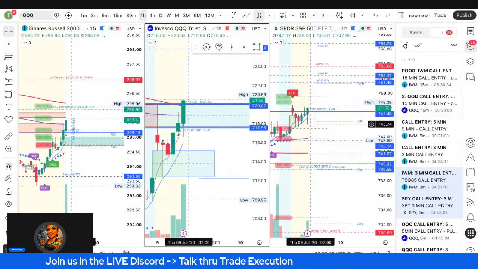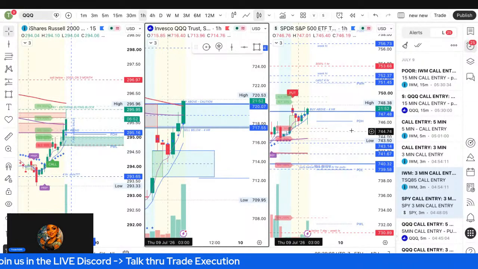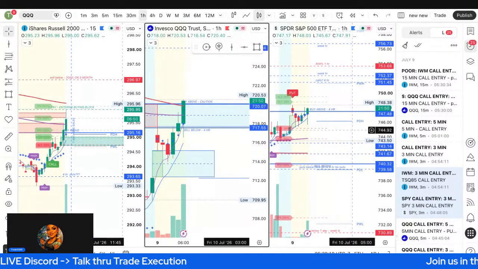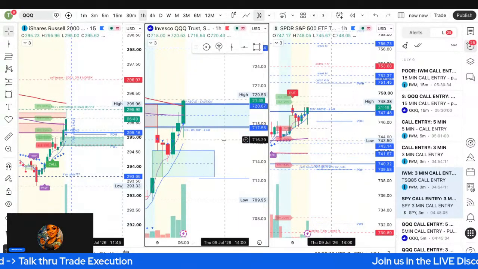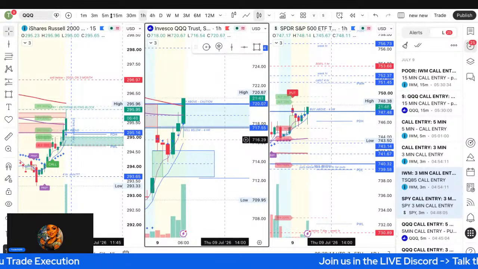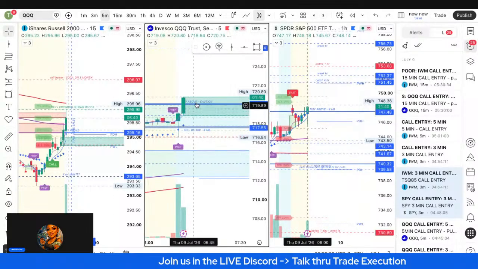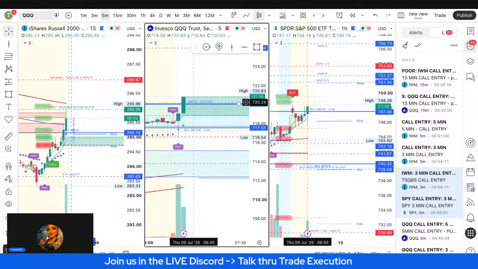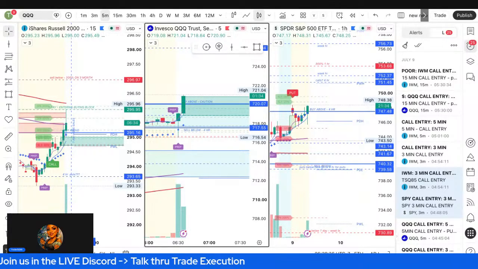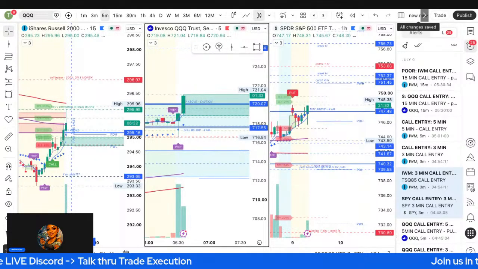And this is the 8 off of the 1 hour. So we don't quite have... let's see what's going on with the 5-minute. So we have a breakout happening here.